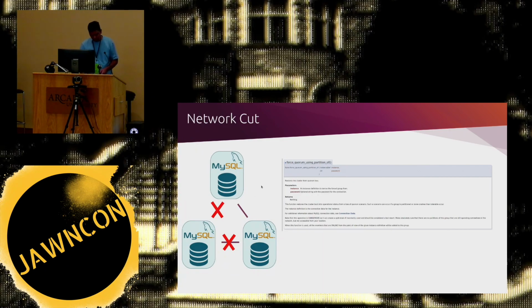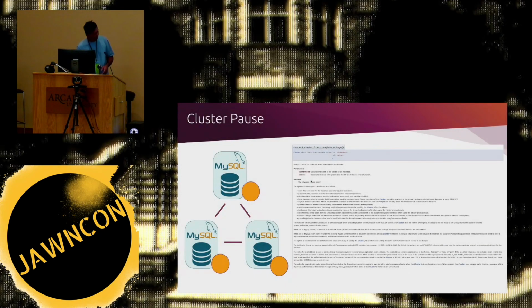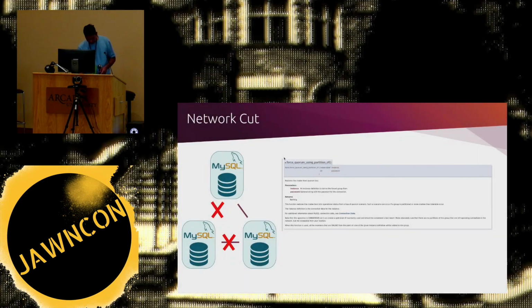In which case, MySQL Shell, here this is from the documentation, has this utility to force quorum using a partition. So what happens is, in the case of a 2-2-1 split, one of the nodes will have all the latest data, but it's possible that you reach something called a split brain scenario.